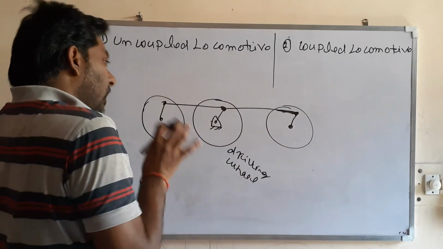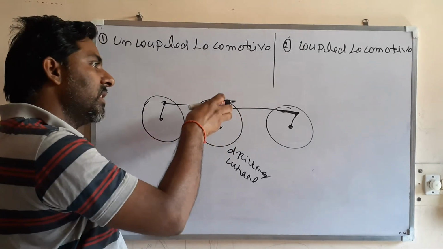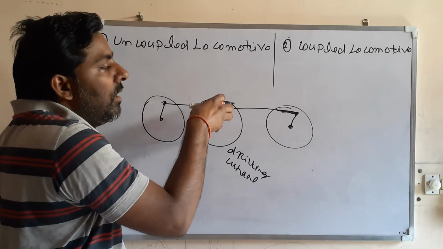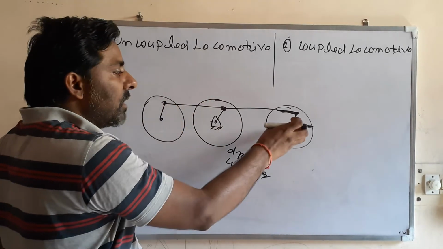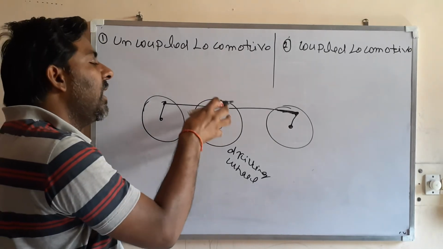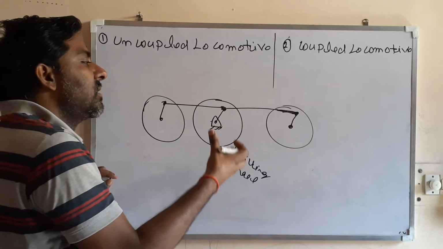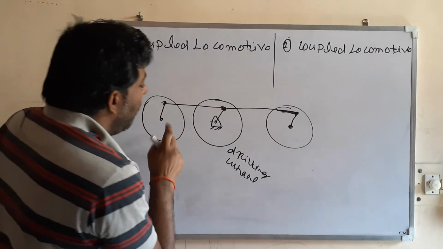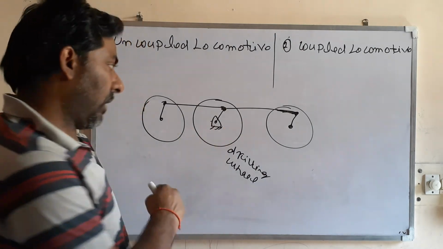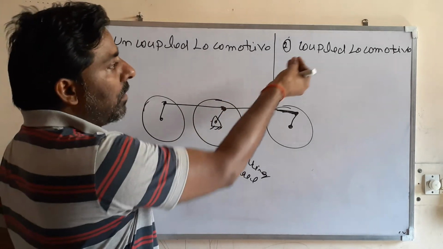In this coupled locomotive, the cylinder or engine is only at one wheel, and there is no cylinder at the others. So the unbalanced mass or forces are only at this wheel, which can be easily balanced by the balancing mass. So that is very good. From the balancing point of view, it is better to take the coupled locomotive.